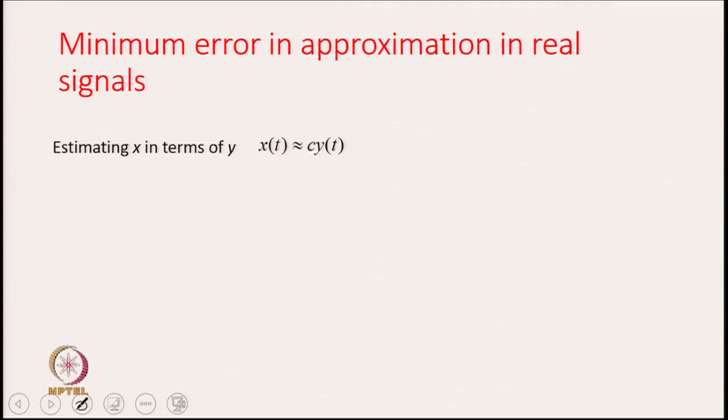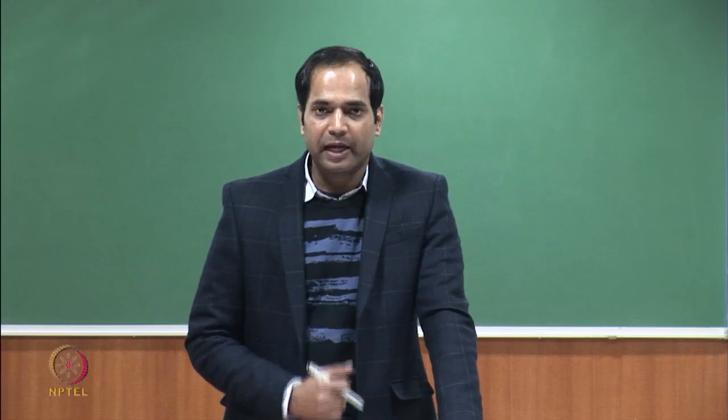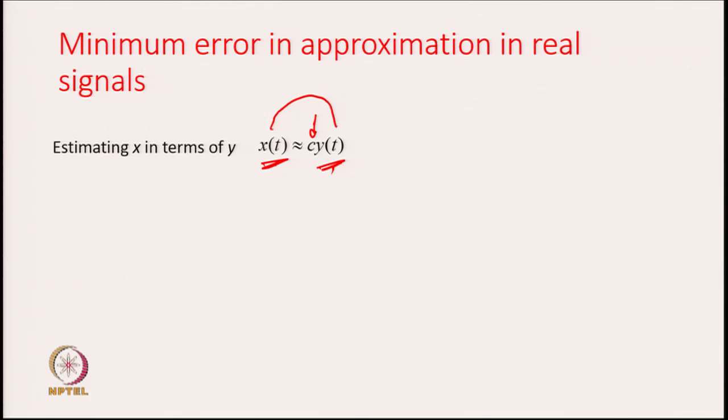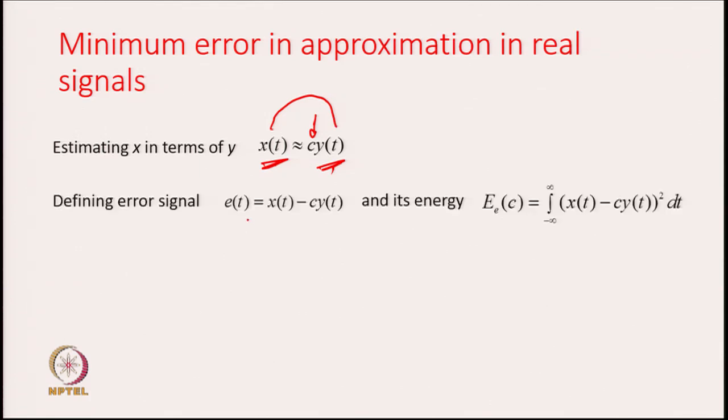I start by approximating a signal x(t) in terms of a signal y(t). C is some constant, and the idea is to find the value of c for minimum error. Because I am approximating x(t) in terms of y(t), I will have an error signal, which is the difference between the actual value of the signal and the estimated or approximated value.